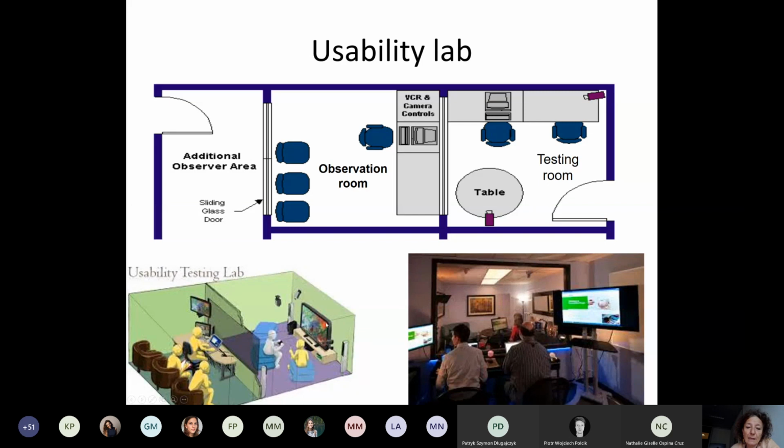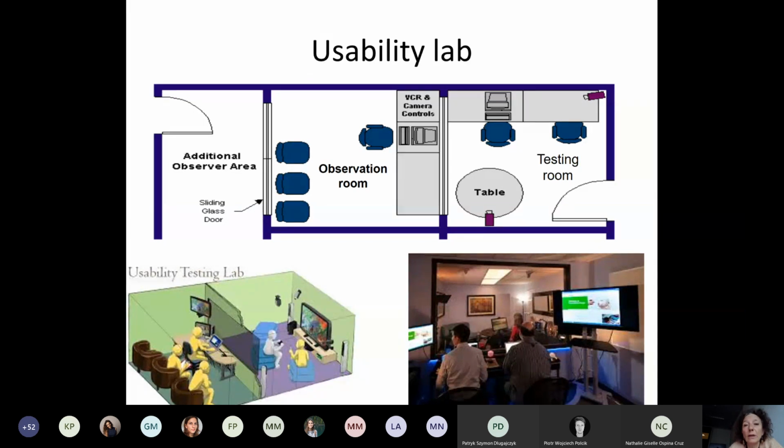Basically, as you can see, there is a situation where the user is using the application, and another area in which there are usability observers that through a glass can see without being seen, which you can see very clearly in the bottom pictures. That can be very expensive and is not much in use anymore.